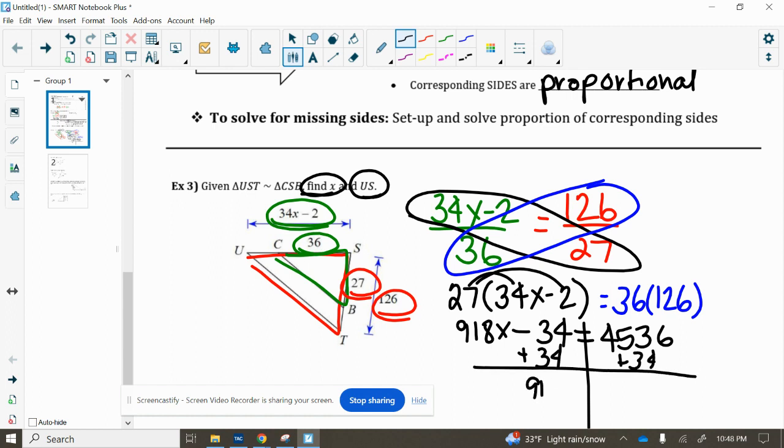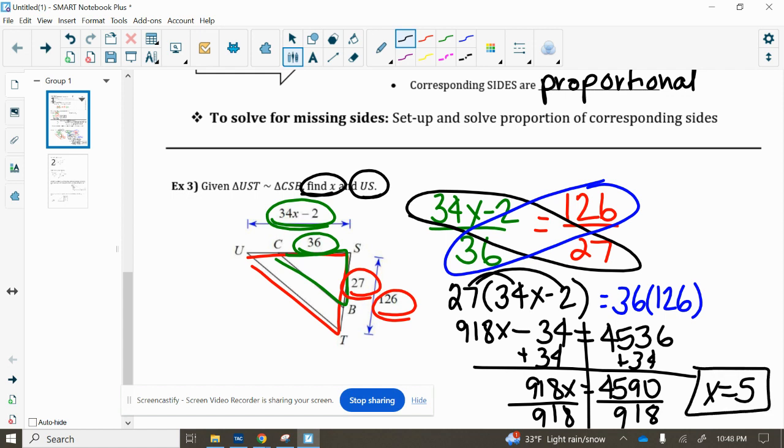And then 918x equals 4,590. Divide both sides by the 918. We end up getting x to equal 5. Now we can use that value to plug back in because u to s is this side here. So 34 times 5 but minus 2 gives us a final answer of 168.